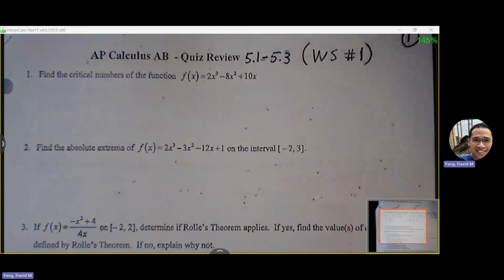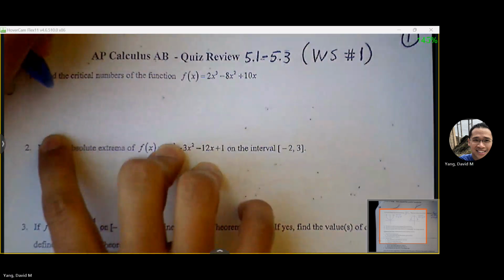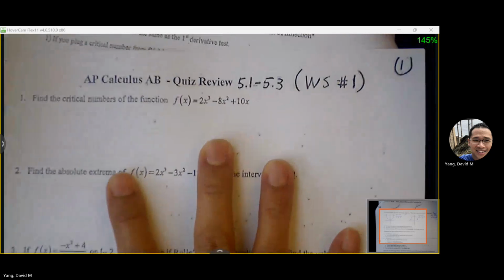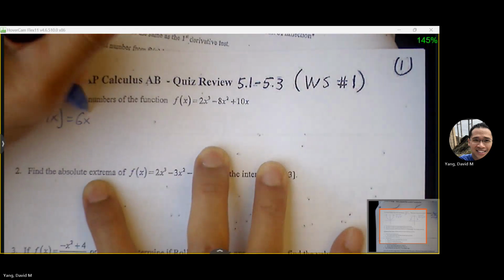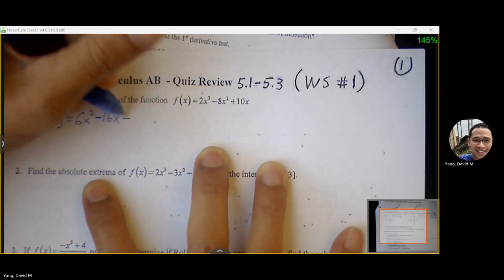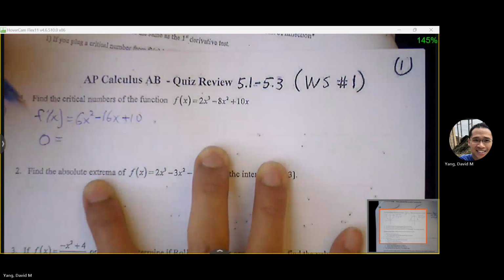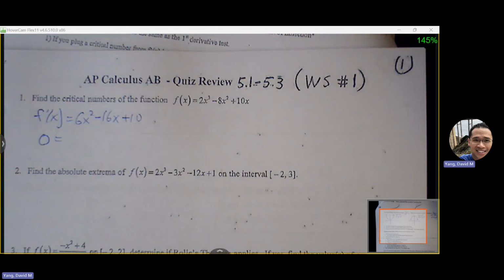Now, there's not going to be any slope undefined here, so we just set f prime equal to 0, find our x values. But if there was a denominator with f prime, we would also set the denominator of f prime equal to 0.